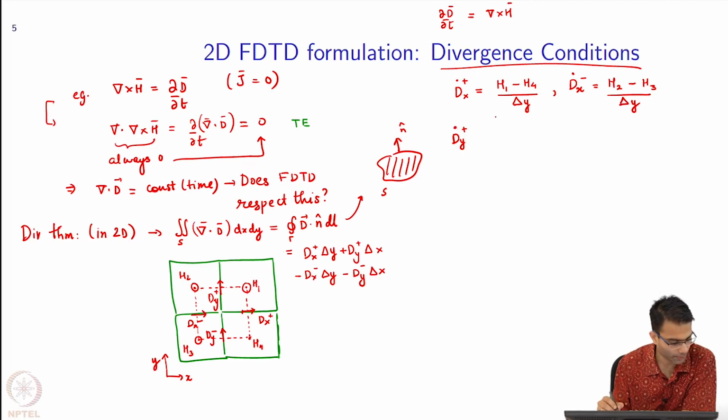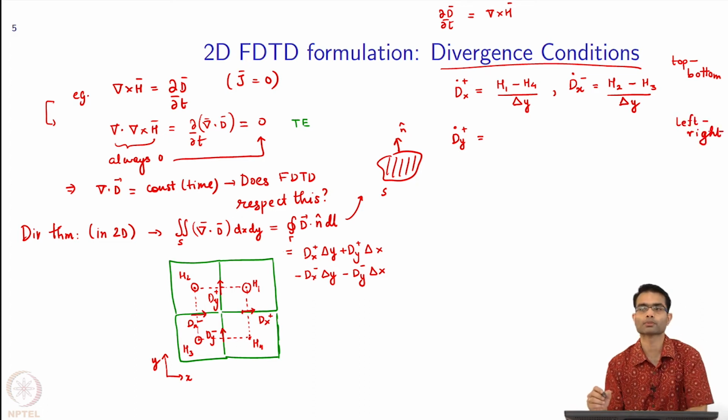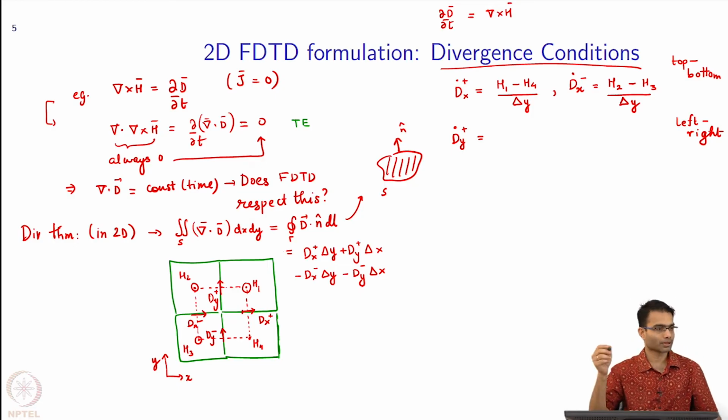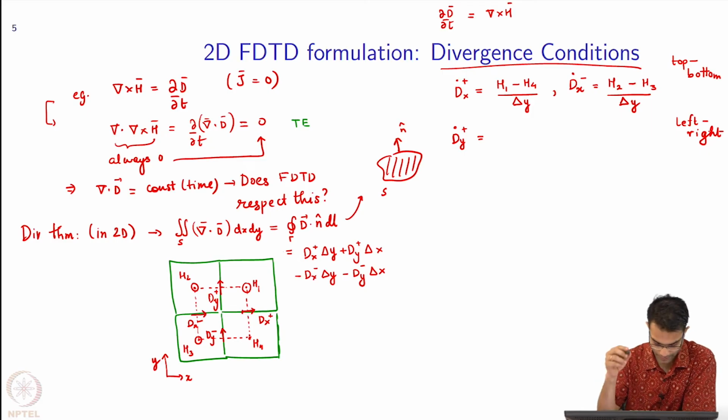So this was top minus bottom, and this is going to be left minus right. If you don't remember this, no problem, you can just go back to your notes and derive the difference equation. So Dy plus is left minus right. What does that become?